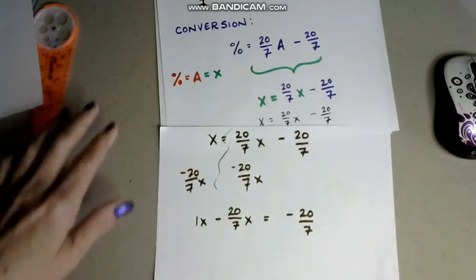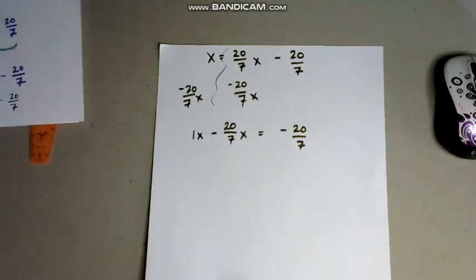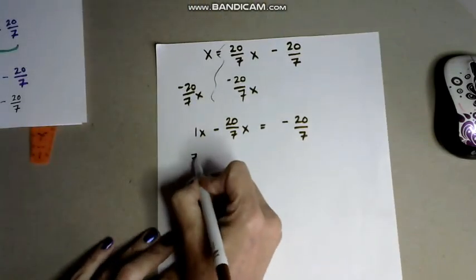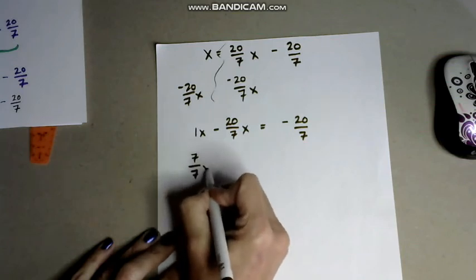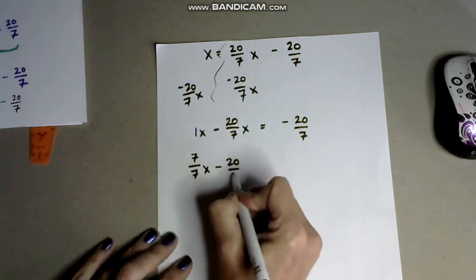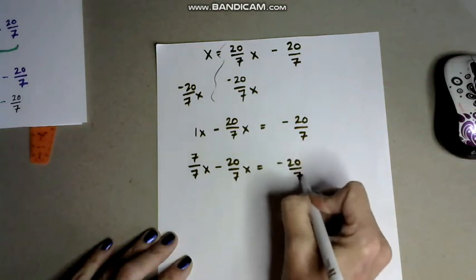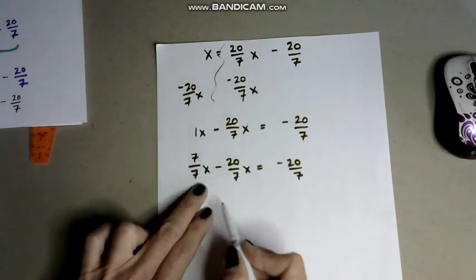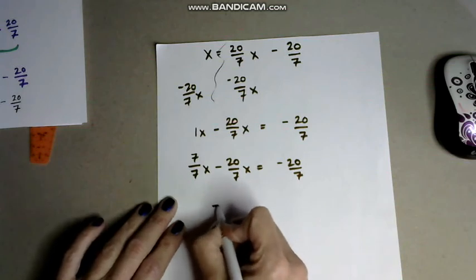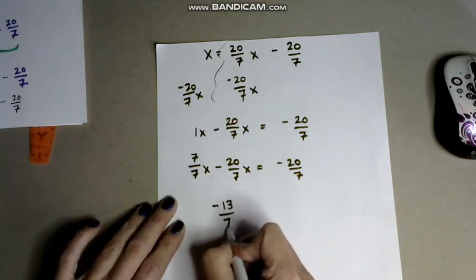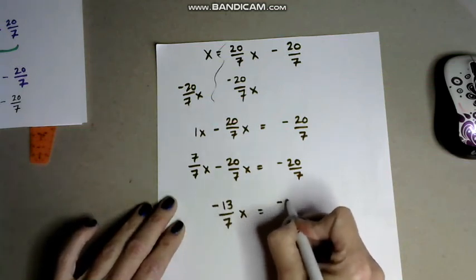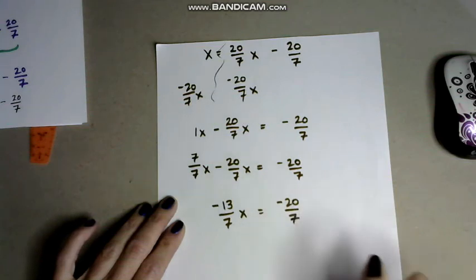I'm just going to work this out with a common denominator. 7 minus 20 ends up being minus 13 over 7 x equals negative 20 over 7.